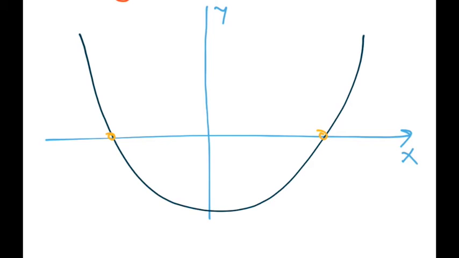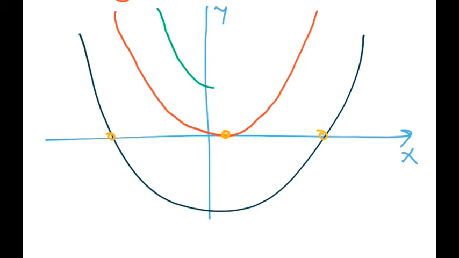Second use case is where it touches the x-axis, and third one is where it's above or below the x-axis. So in this case, it touches the x-axis at 2 points. So this quadratic equation has two real roots. One is this one and one is this one.